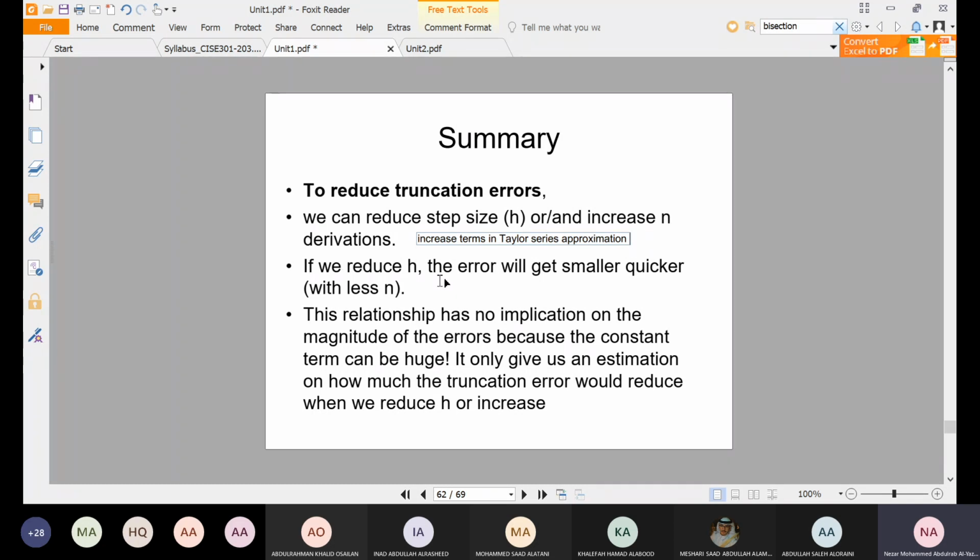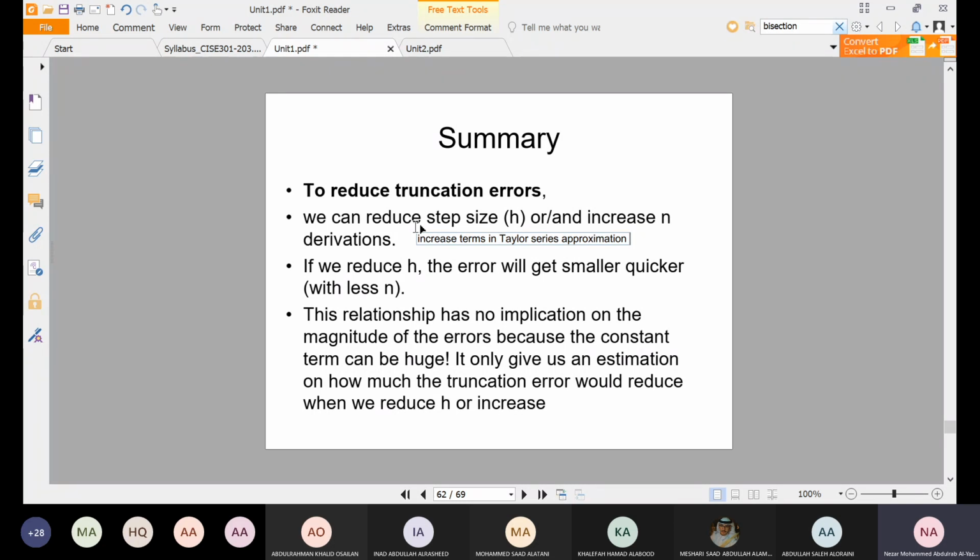Also, if we reduce the step size, the error will go smaller and quicker, so we converge quicker to the stopping criteria that we want. So we have different options, either reducing the step size or increasing the number of terms that we use.